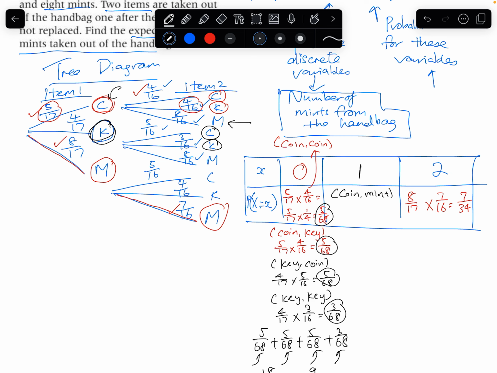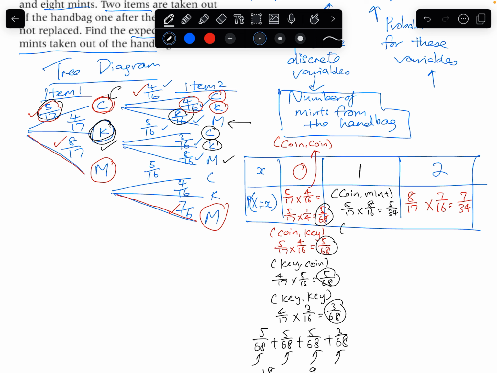And I'll do the same thing again. I'm trying to multiply the probabilities out with the coin and the mint. So I get 5 out of 17 times 8 over 16. That's going to give me 5 over 34. Now I could also possibly have the key, and I could also possibly have the mint.